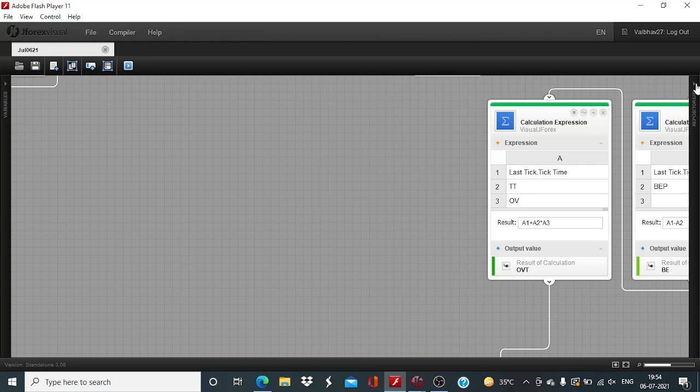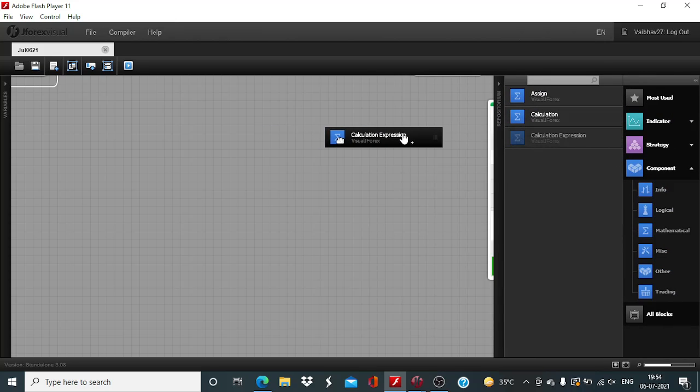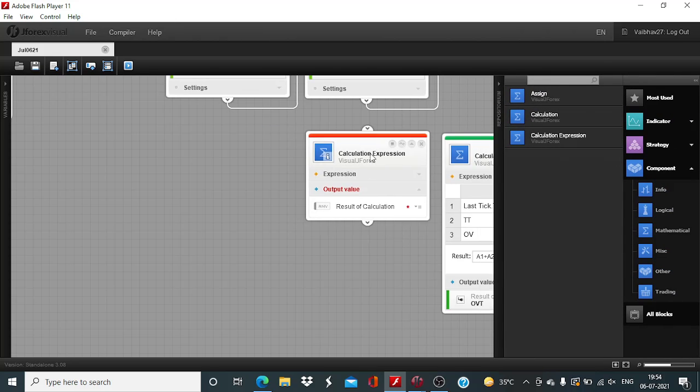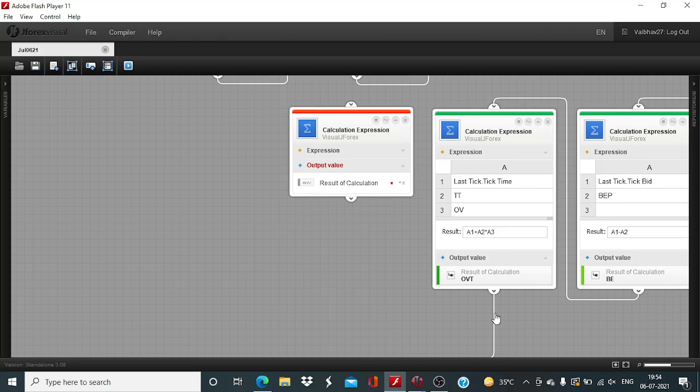Let me get the calculation expression block. I will have to disconnect it here.